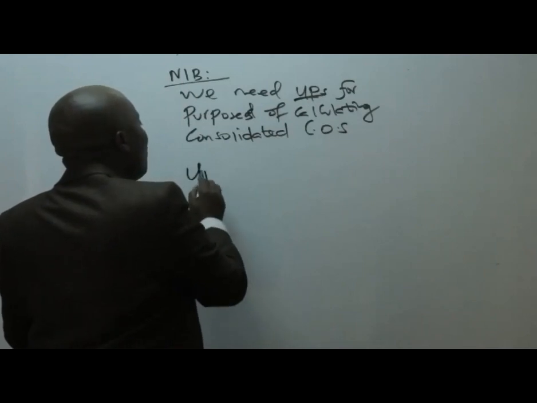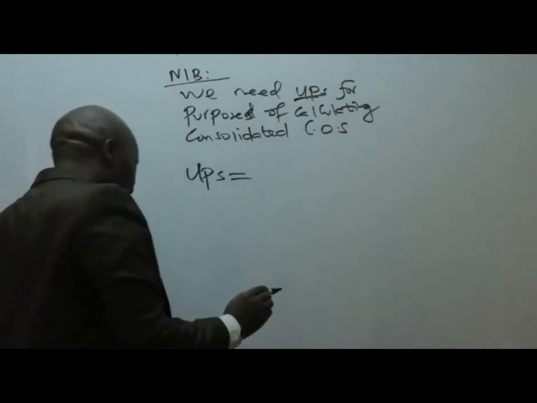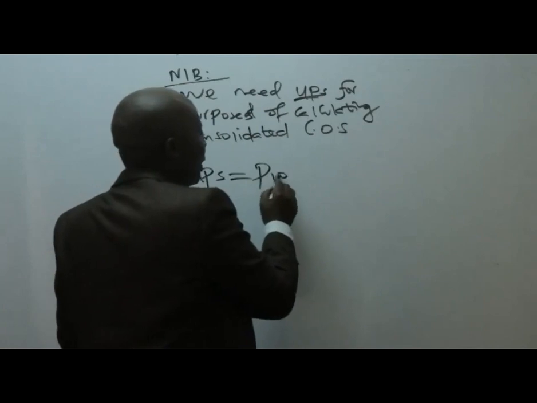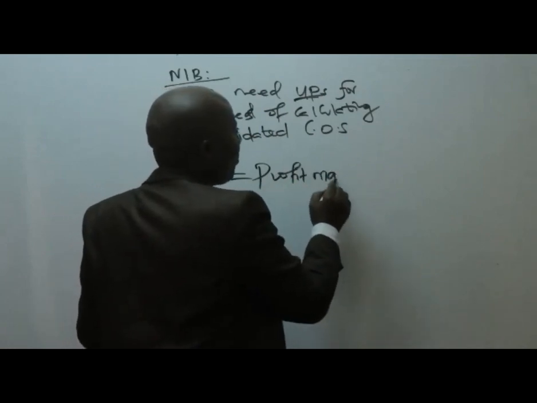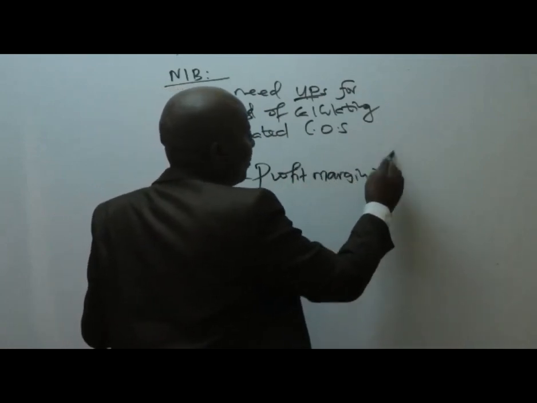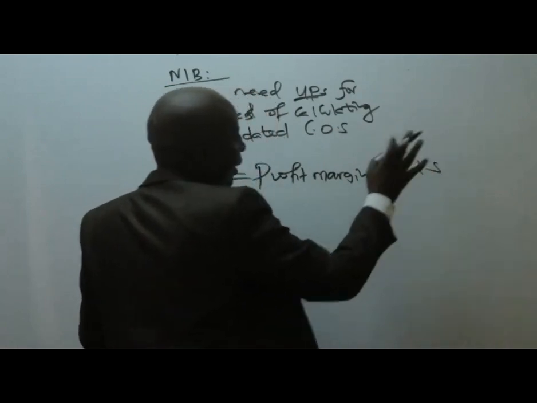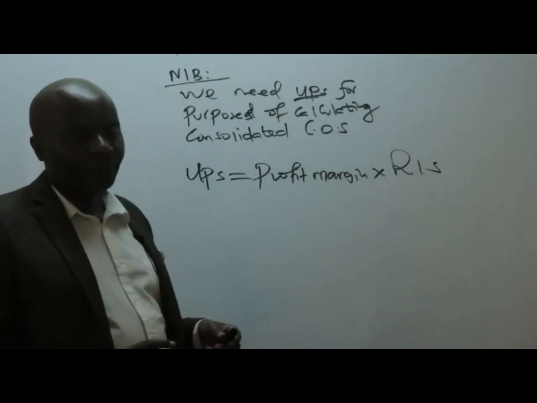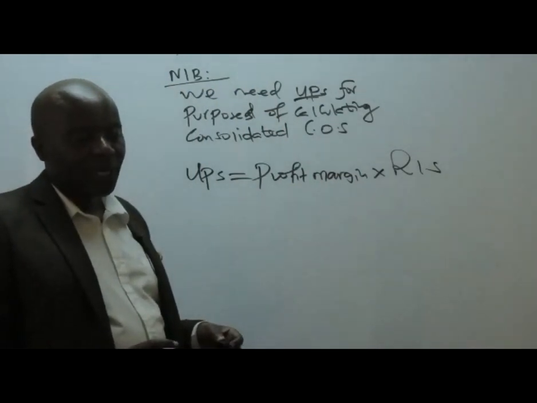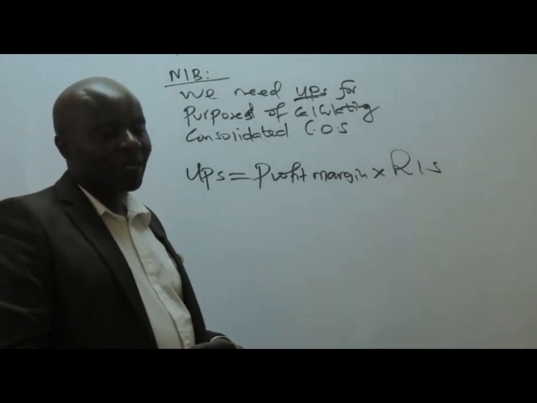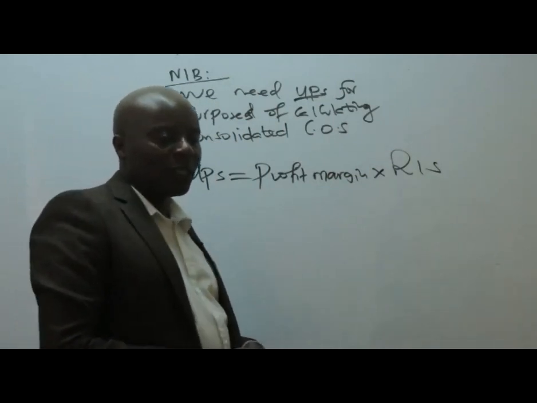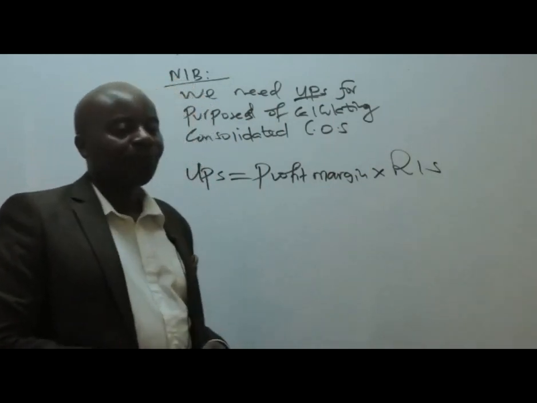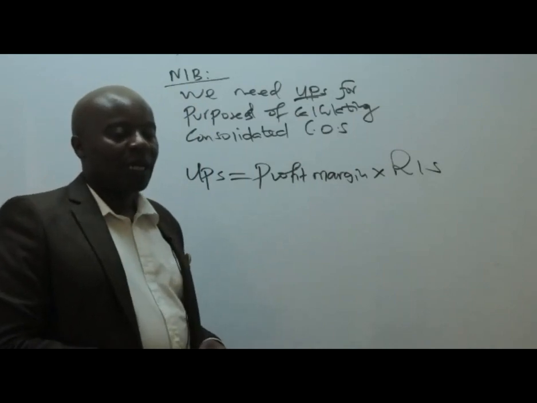And how do we compute UPS? To compute UPS, we normally take profit margin times RIS. RIS is the remaining intra-sales. Profit margin times RIS.